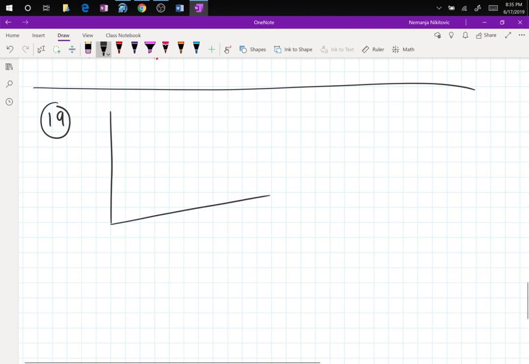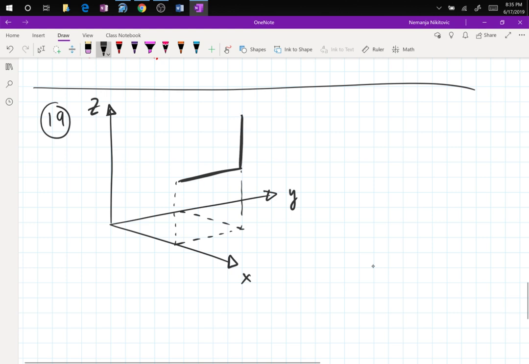So number 19, for those of you paying attention, we'll have the ramp. So we are going to have a shape over here.